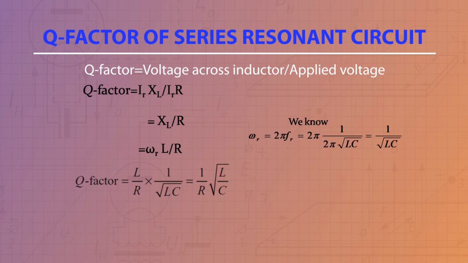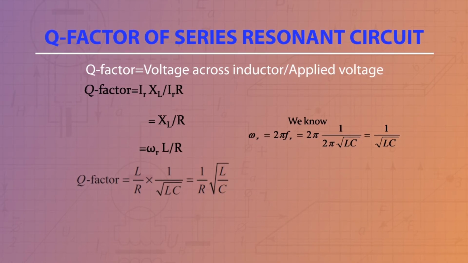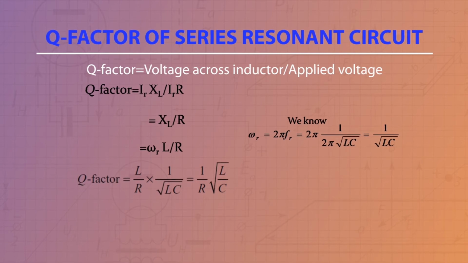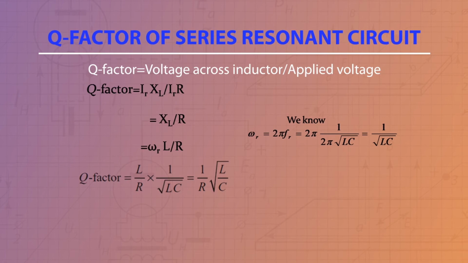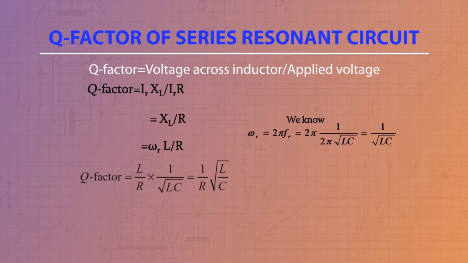This Fr is the resonance frequency, and you know the formula of Fr is equal to 1 upon 2 pi under root LC. So omega R can be written as 2 pi multiplied by 1 upon 2 pi under root LC. So this 2 pi and 2 pi will be cancelled out. So you will get the value of omega R is equal to 1 upon under root LC.